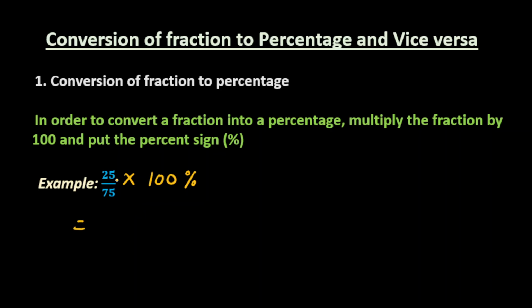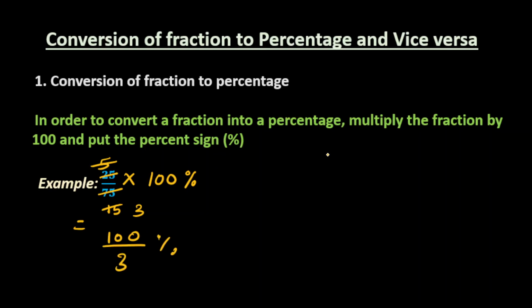We can simplify it by doing cancellation here. 5 into 5, 5 into 15, 5 into 25, then 5 into 1, 5 into 3. So 100 by 3%.